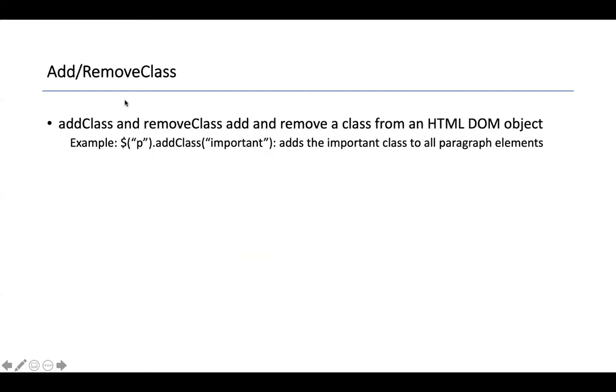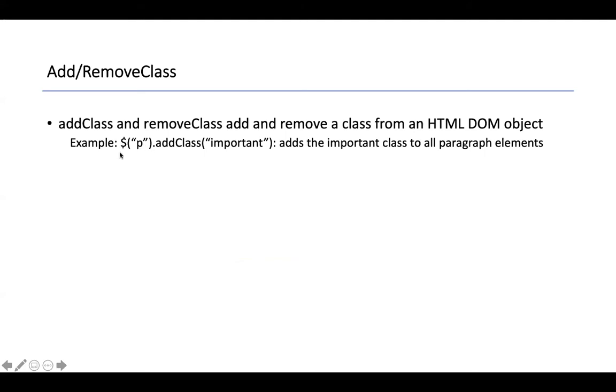Okay, then you can add and remove classes with the addClass and removeClass methods. And again, apparently JavaScript has now added the classList property specifically because this proved to be so valuable in JavaScript.